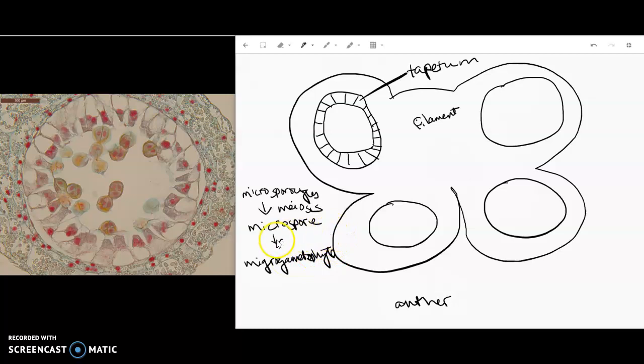The stage that we're at right now, we have undergone meiosis, so we're in the process of doing that.